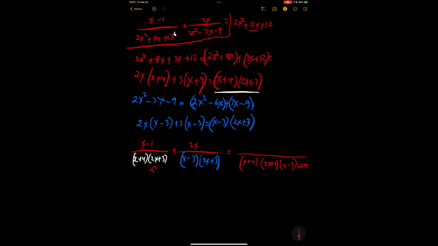So I'm going to use that and divide by the first denominator right here. So what do I have in common? When I have x plus 4 times 2x plus 3 times x minus 3 divided by x plus 4 times 2x plus 3, I have x minus 3 left.